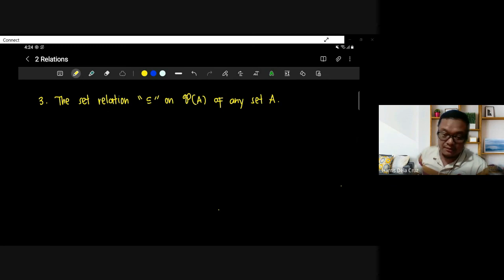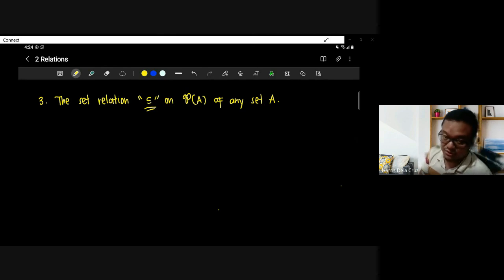So when one element of P is a subset of another element of P, then it follows that relationship. Okay? So the question is, is it symmetric, reflexive, and transitive? I will leave this as an exercise so you can practice.